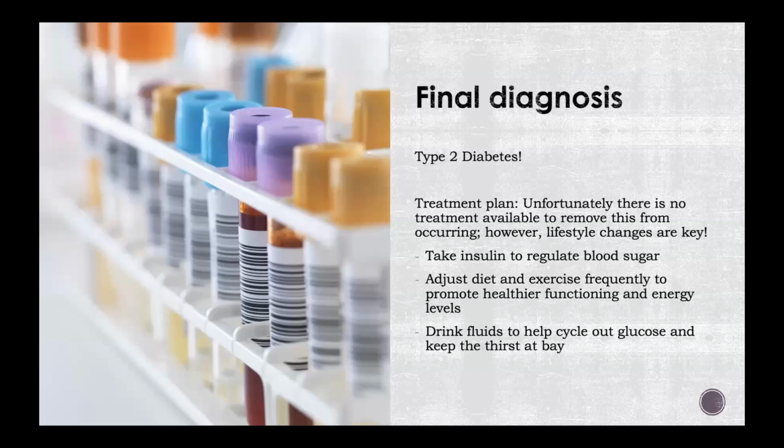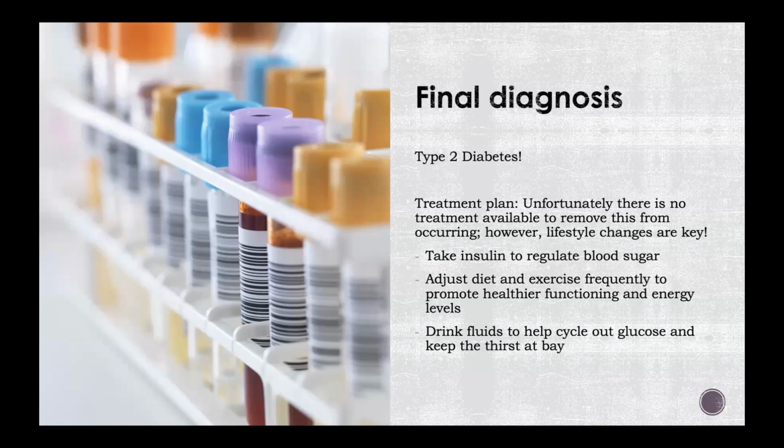Overall, from these tests, we can see that the final diagnosis is going to be type 2 diabetes due to the number of other medical conditions we were able to rule out with the tests and the number of tests that were congruent with diabetes.